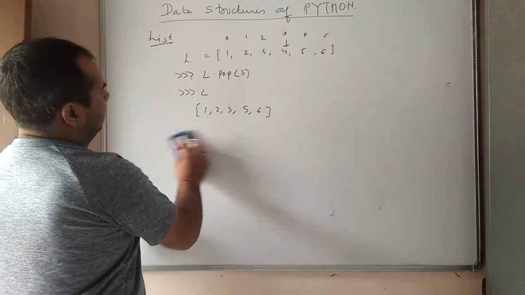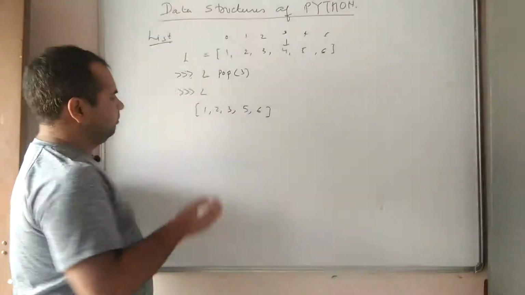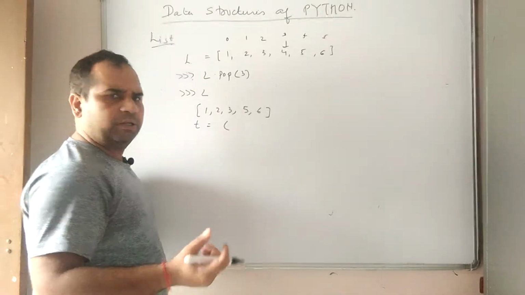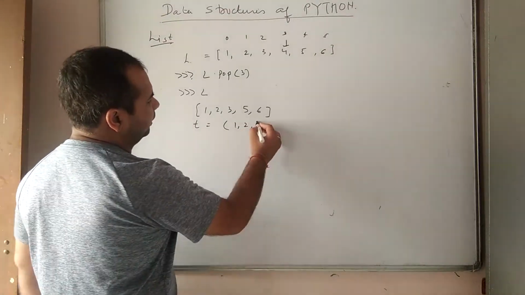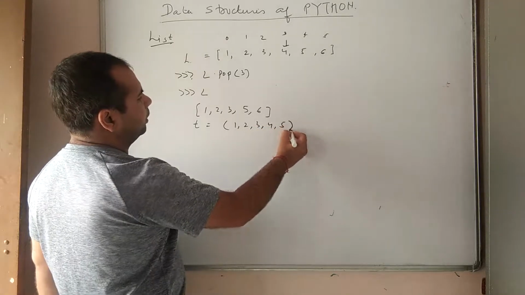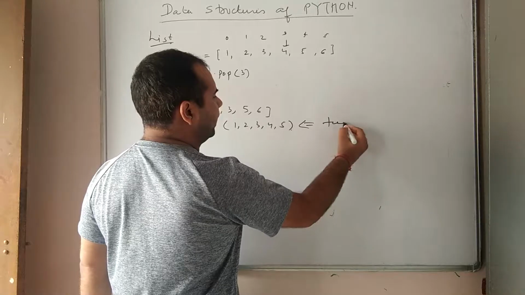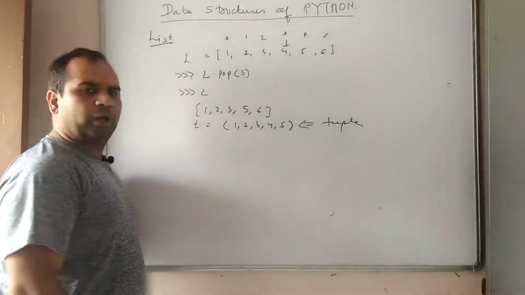Now, another important operation is assigning a tuple into a list. What is a tuple? A tuple is written in round brackets, for example 1, 2, 3, 4 and 5. A tuple can be written in a very easy way, just inside two round brackets.